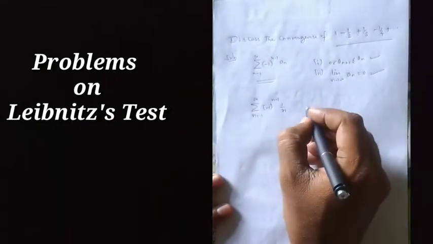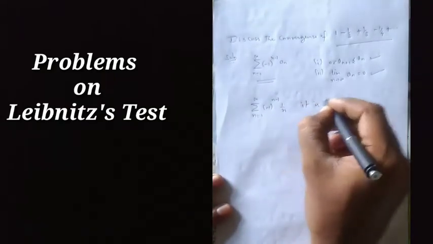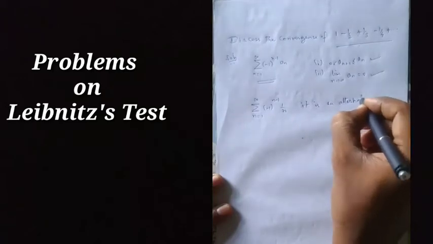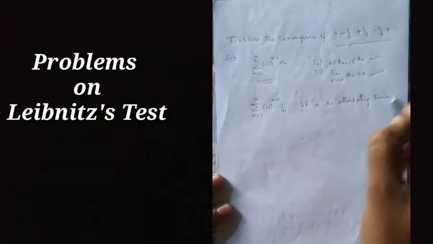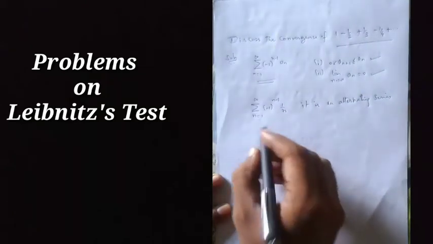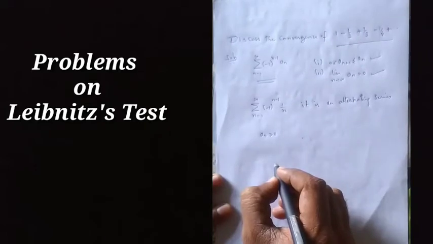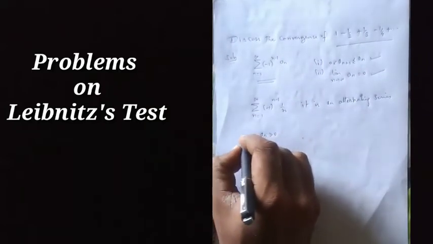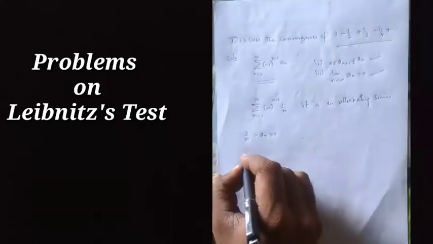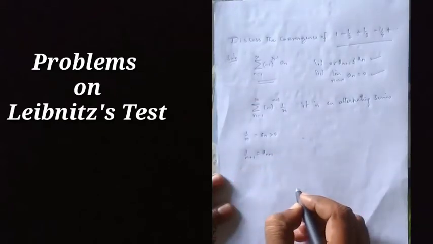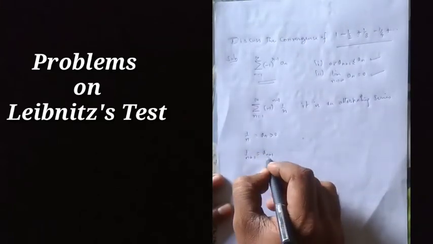Therefore it is an alternating series, and in this alternating series our an term is positive. This an will be 1 by n, and 1 by n plus 1 will be our a of n plus 1, and this an and a(n+1) satisfy the first condition.